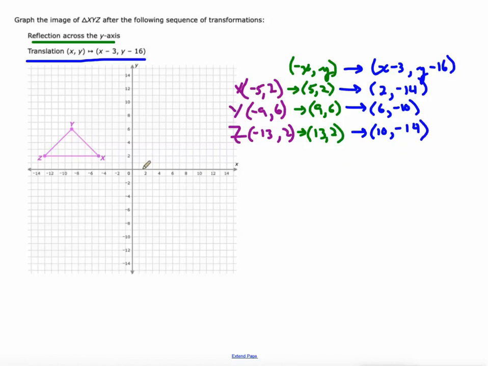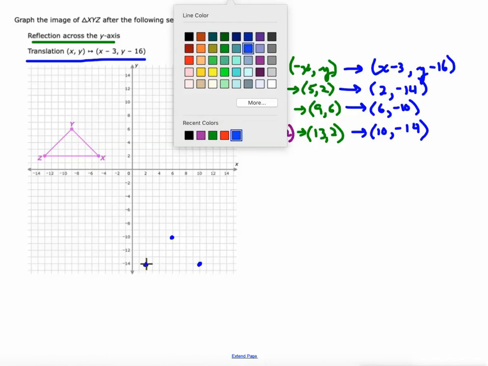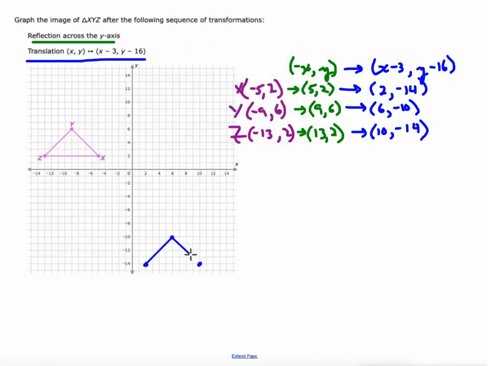So 2, -14, there's X prime. 6, -10, there's Y prime, and 10, -14, there's Z prime. And there's our new shape after we reflect it across the y-axis. So think about flipping it this way and then just moving it a little bit left and down. That's where it would be.